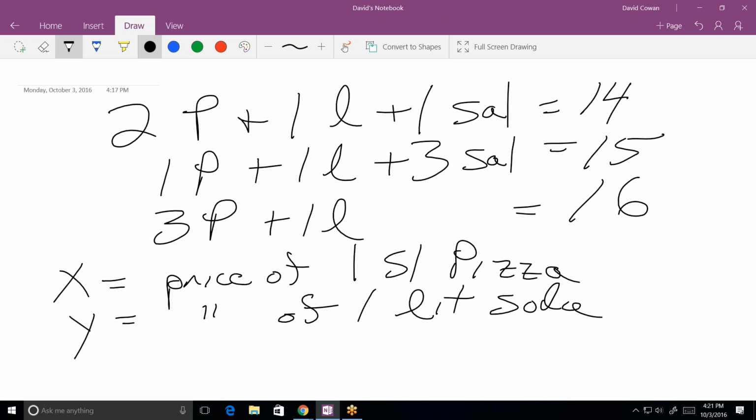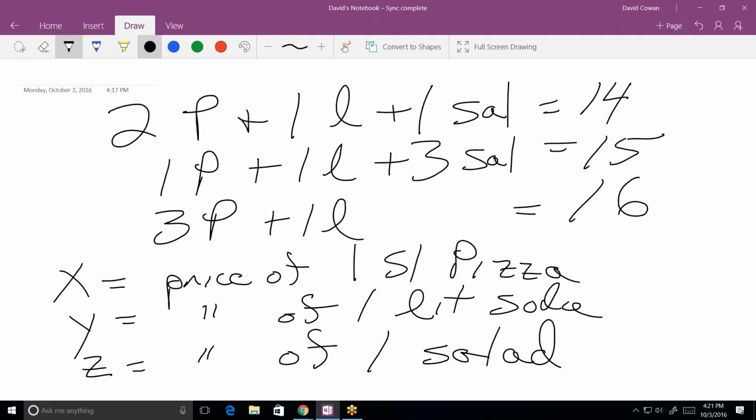The reason it makes sense to be specific is sometimes it's the number of slices of pizza and sometimes it's the price of a slice. So if you're not specific, you're going to have a hard time figuring out which it is. It's not asking us for slices, it just asks what's the cost of a pizza. But in order to figure it out, we have to solve this system of equations.